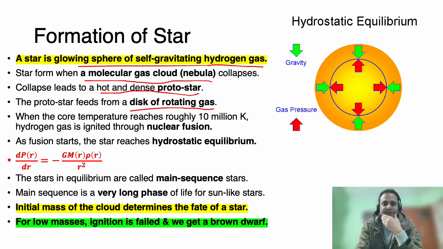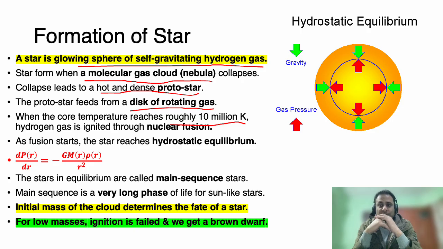It's becoming hotter and hotter, and when the temperature reaches roughly 10 million Kelvin, the hydrogen gas ignites itself due to nuclear fusion. Keep in mind that when the hydrogen gas in the protostar becomes hot, it's already ionized, and it loses electrons. A hydrogen atom is just a proton and an electron, so if the electron is removed, what you are left with is just protons.